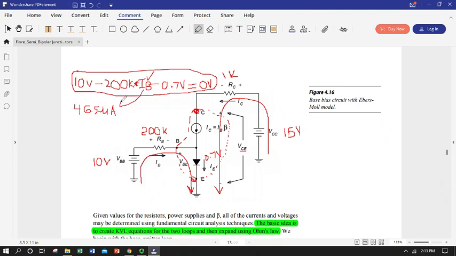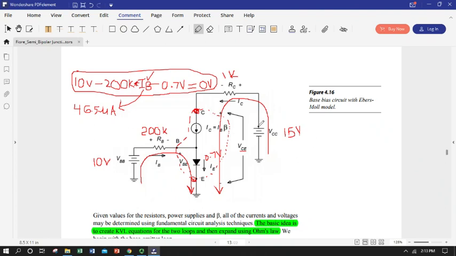Okay, now I'm going to use that and a characteristic of my transistor to give me I sub c. Then I'm going to use that to get everything else I might want to know, including the voltage drop between the collector and the emitter, looking at the transistor as just a single component.